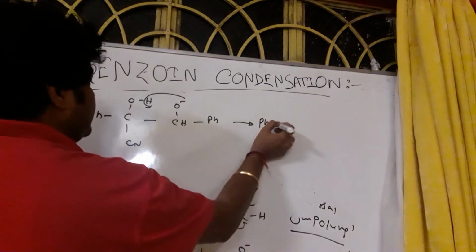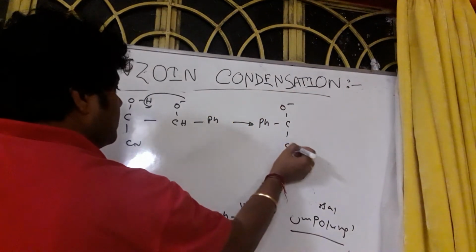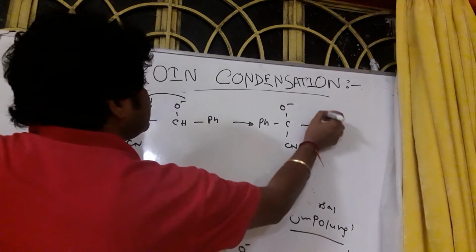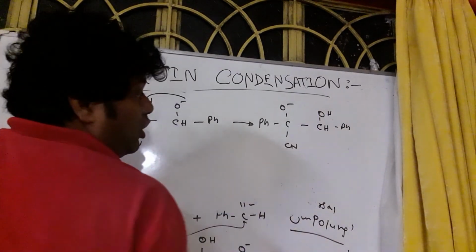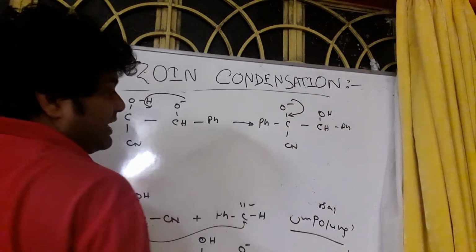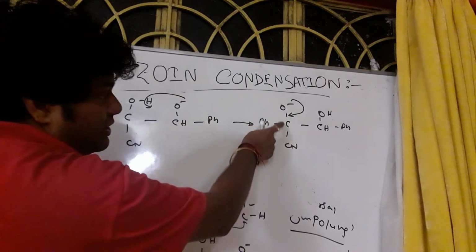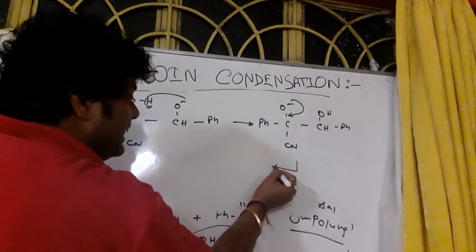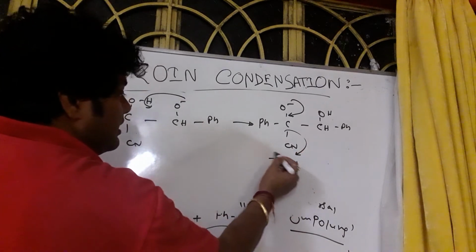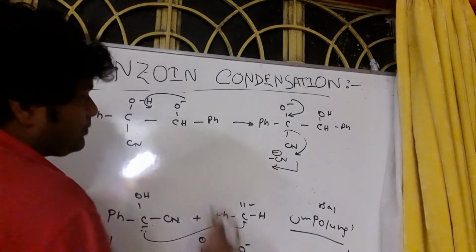We will understand that. It's because this minus now comes back here to form a more thermodynamically stable C=O bond and thus allowing this CN minus to go out.